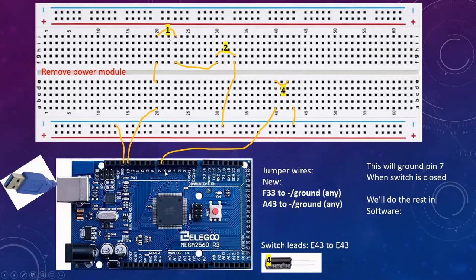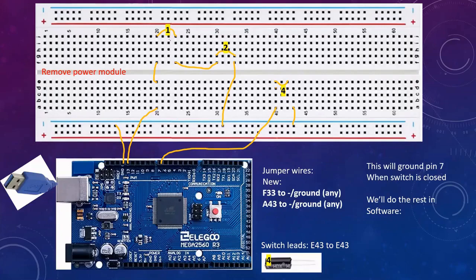And so that means you can, in the code, declare that pin 7 is going to be an input and that it's going to be a pull-up input. Pull-up in this case means that when the pin is disconnected, and that's that ambiguous situation where the computer doesn't know what to do, the Arduino is going to read that pin as high.